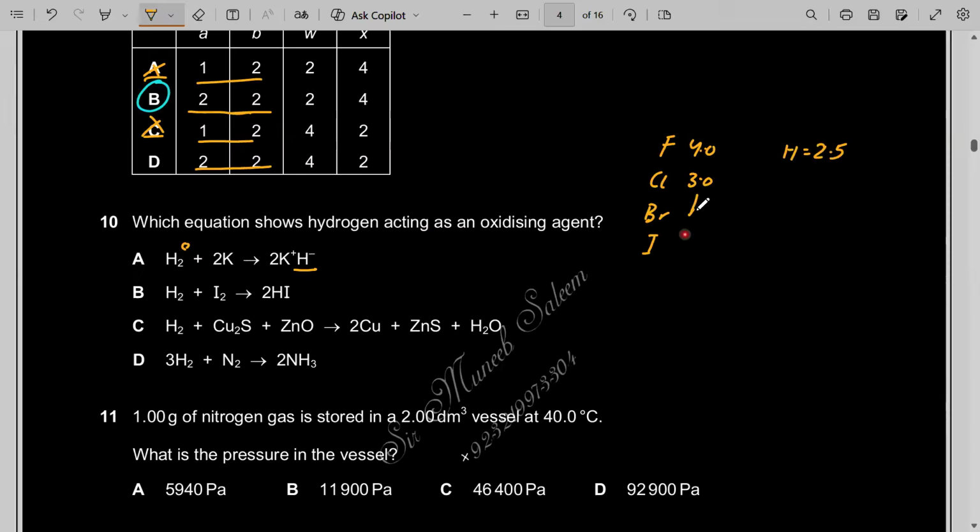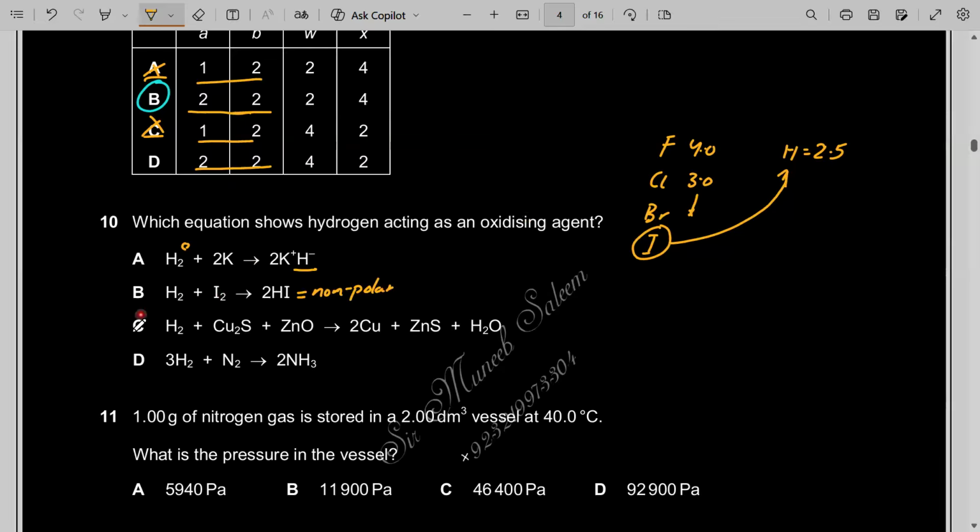We can expect that the values of iodine and hydrogen will be very close to each other. So for this reason, HI is considered to be an almost non-polar molecule. There is almost no charge present. So we cannot tell there will be any kind of oxidizing or reducing agent in the B option.